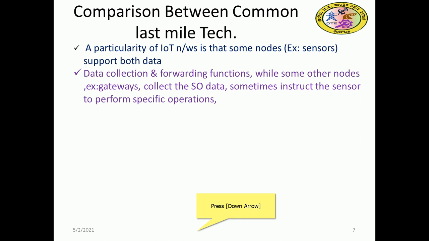So the gateway collects the data from the edge points or smart objects, and also instructs the smart object to perform pre-decided operations. It can also interface with other networks, possibly other gateways. So it can interface with other gateways also, not only the particular gateway.